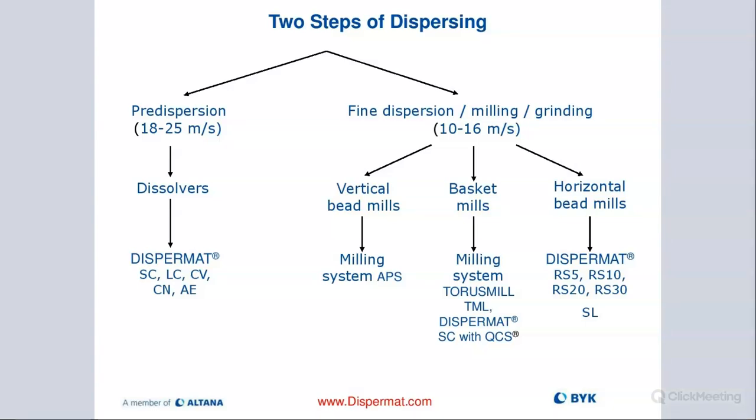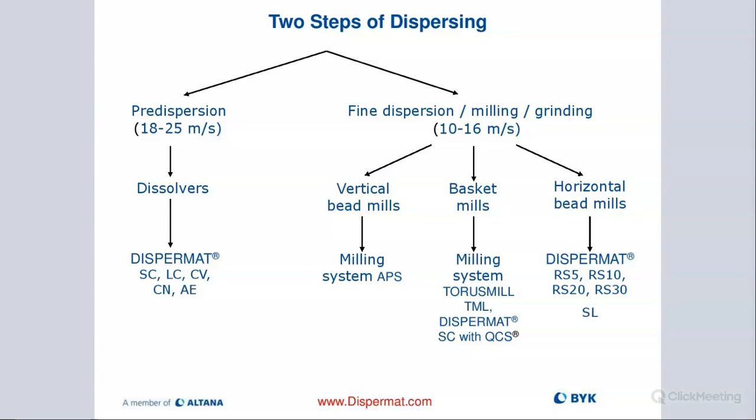When we achieve that process and we are left with our aggregates, 10 to 20 microns of particle sizes, that's when we start the milling, or some people call it grinding or fine dispersion process, where we then use a lower rotor speed. We are looking here about 10 to 16 meters per second to achieve good grinding results.